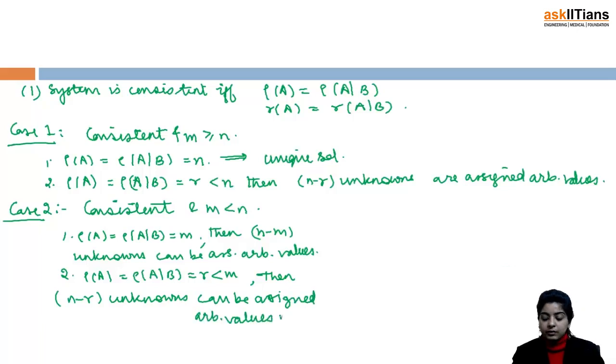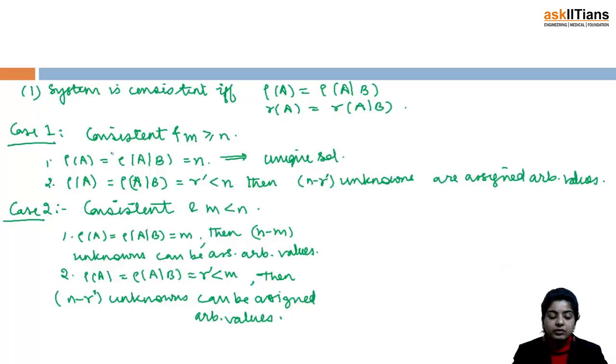Now what do we mean by this? See, first of all, the system would be consistent if and only if rank of A is equal to rank of A augmented B. Now once we have seen this, do not get confused with this R. I'll put R dash, and N minus R dash. Now, consistent if and only if the ranks are equal, and then we can have further cases.